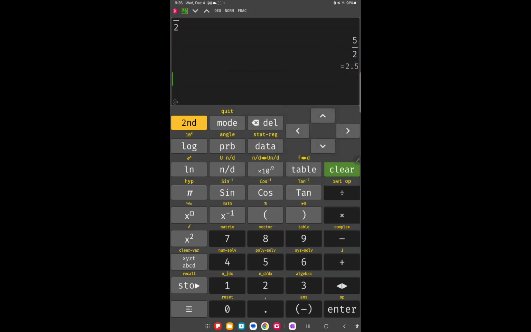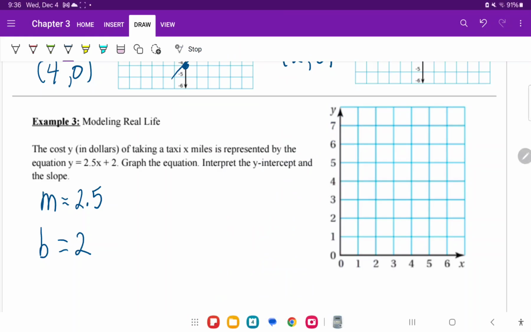That's going to help us because 5 means go up 5, and the 2 means go right 2. So that's why we need it as a fraction, so that we can follow these instructions.